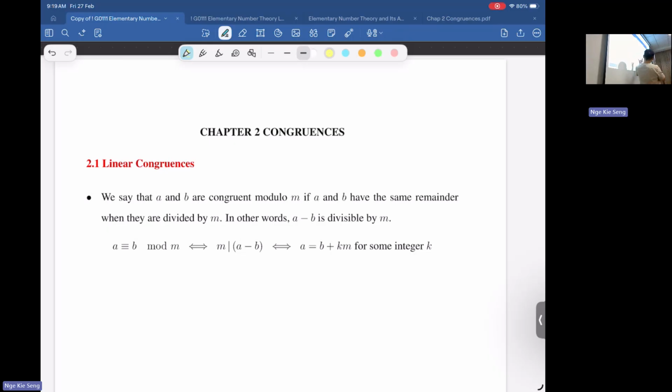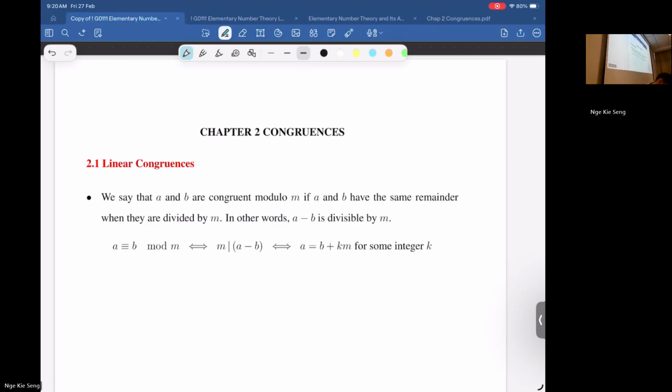So again, because we learned divisibility, we will define congruence using divisibility here. We say that two numbers are congruent modulo m if a and b have the same remainder when divided by m. So in other words, a minus b is divisible by m. Why? Because they have the same remainder.